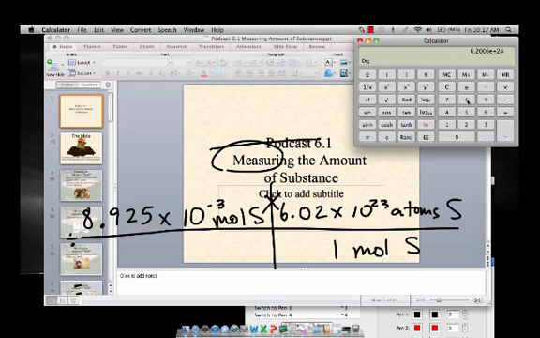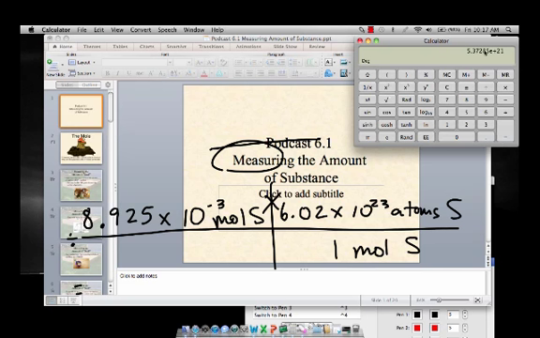All right, calculator time. 8.925 E minus 3. How do I get my negative sign? Right there it is, negative 3, times 6.02 E23. All right, so I get 5.37285 times 10 to the 21, and I get to keep 4 sig figs.